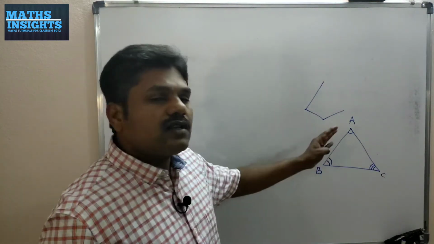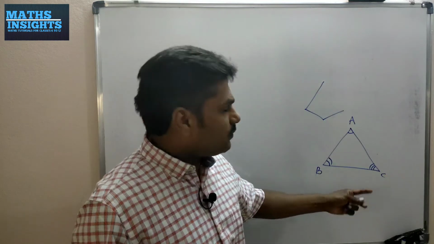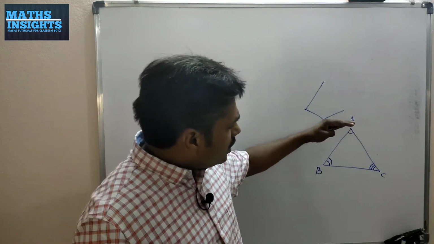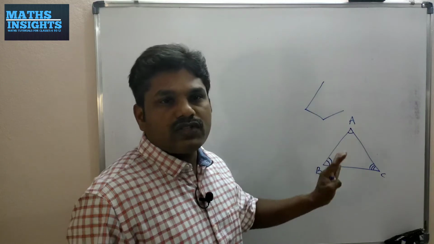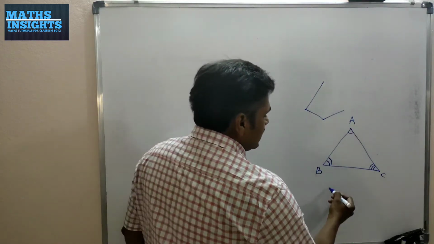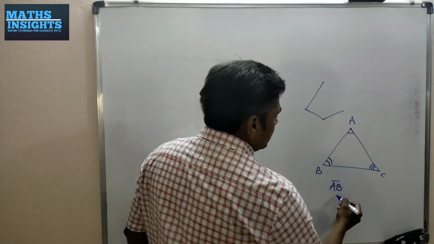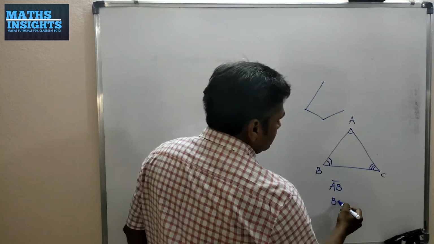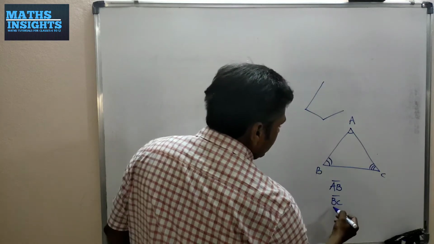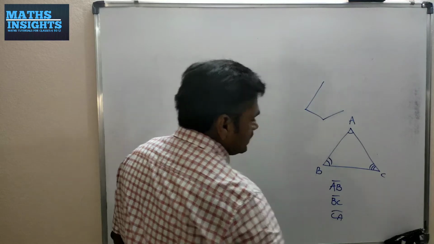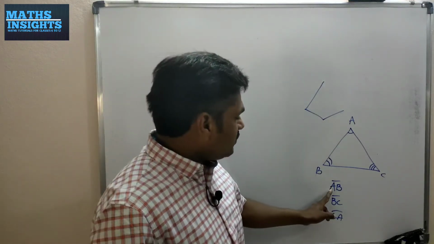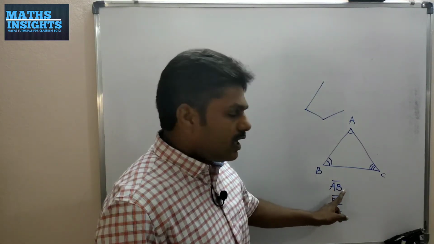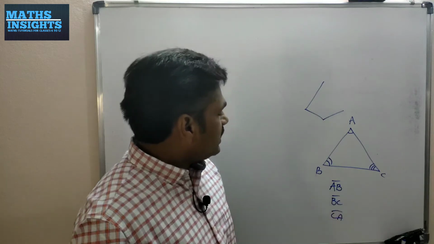See, all angles I am representing with the different colors, means I am showing that those are different to each other. And this is side AB, and next side BC and side CA. See, AB is nothing but distance between the point A and B. So AB, BC and CA.